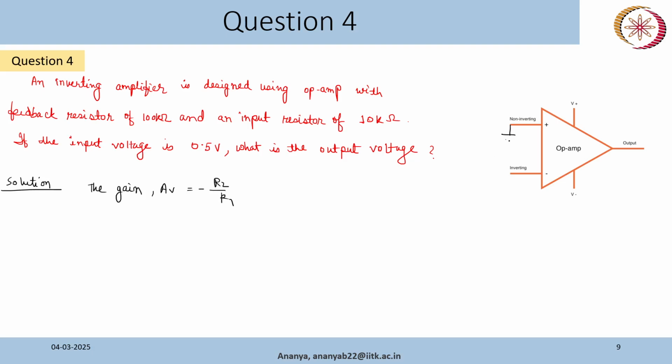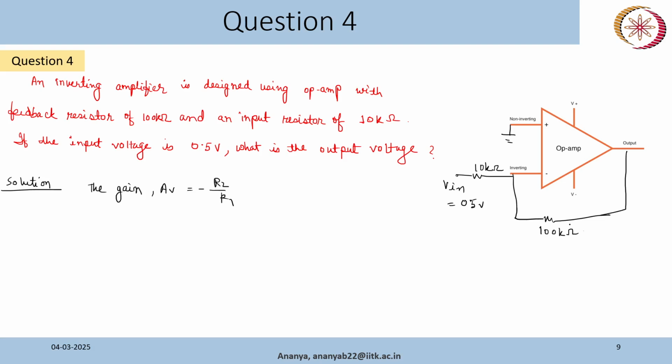This will be ground, and this is our V in, which is equal to 0.5 volt, and this is 10 kilo ohm. This is 100 kilo ohm.